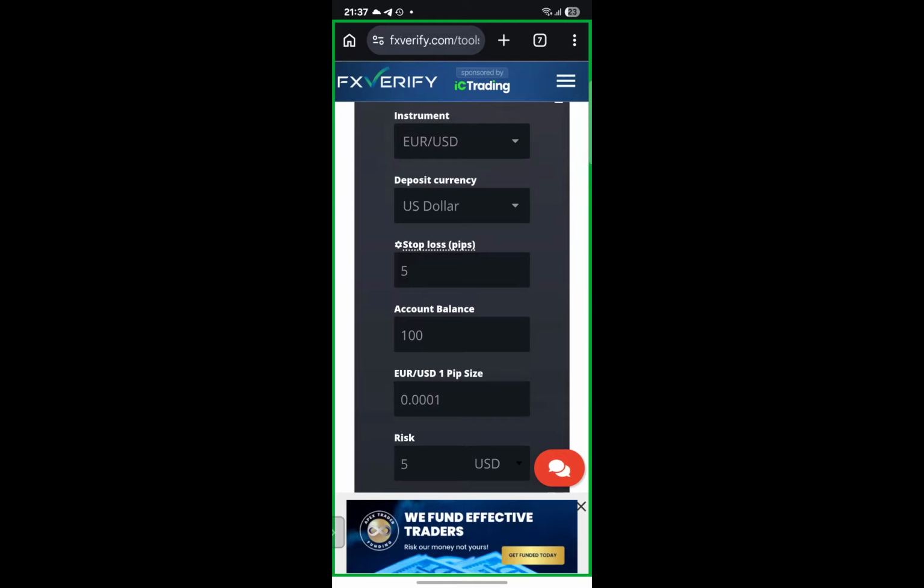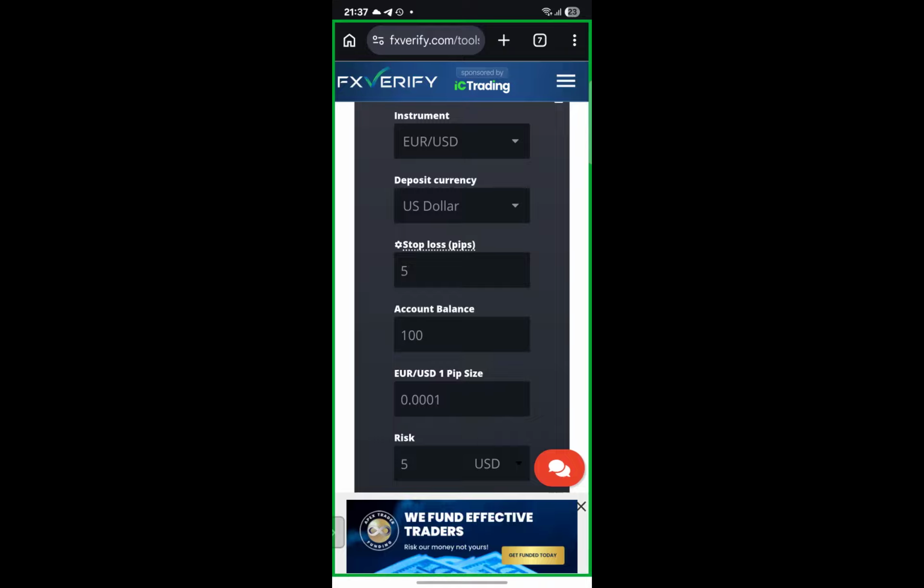The second thing is the amount of pips in my stop loss, because it needs to know the amount of pips so it can determine how far my stop loss is. It can then calculate the lot size I should use for the amount which I want to risk. And as it asked me that question, I've told it 5 pips because Coach Michael told me it was 5 pips.